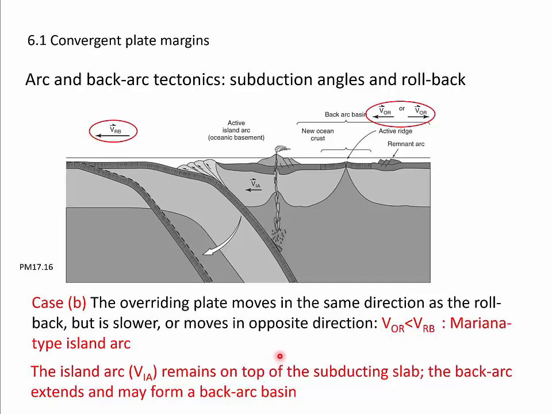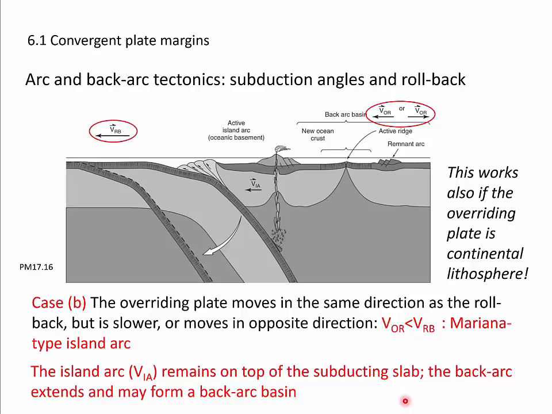And the only response, if the overriding plate is slower than the rollback, is back arc extension. And this extension can lead to the entire disruption of the back arc lithosphere and the formation of a back arc basin. The Tonga-Kermadec island arc could be the second, perhaps even more appropriate example.